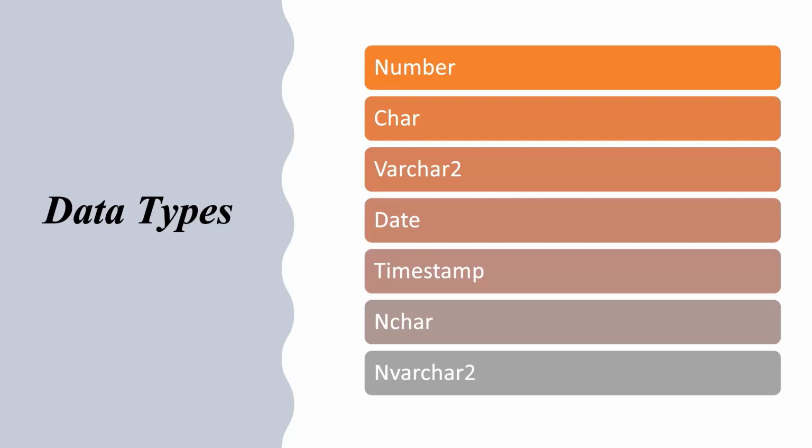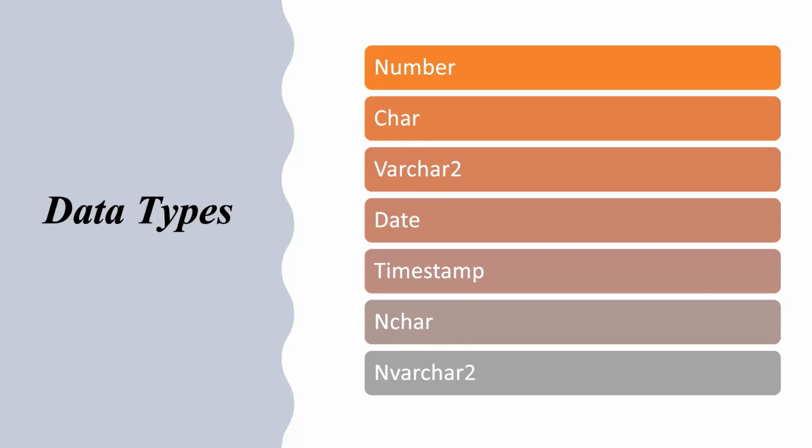Clear? Now, we have two other data types, nchar and nvarchar2. These two are similar to char and varchar2; if you look, only an extra n is there. What are these data types? They are similar to char and varchar, but char and varchar data types are not capable of storing Unicode values.